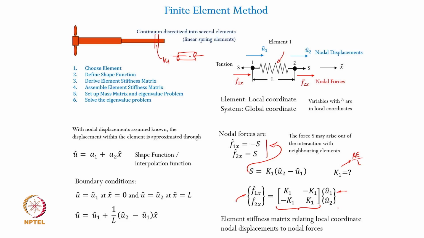This can be written in a short form as Fx cap, a vector of nodal forces, relating the element stiffness matrix with a vector of nodal displacements. And therefore this Ke itself will be an elemental stiffness matrix Ke cap. Okay. So, this pertains only to that element.